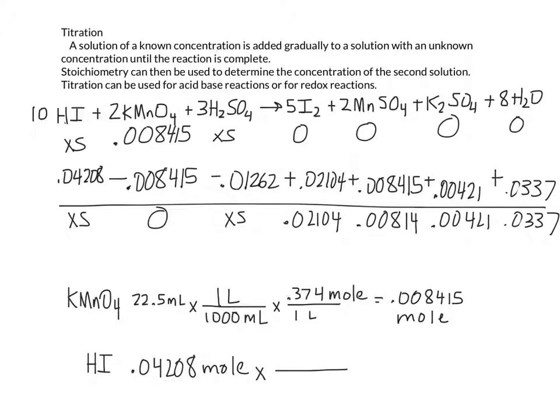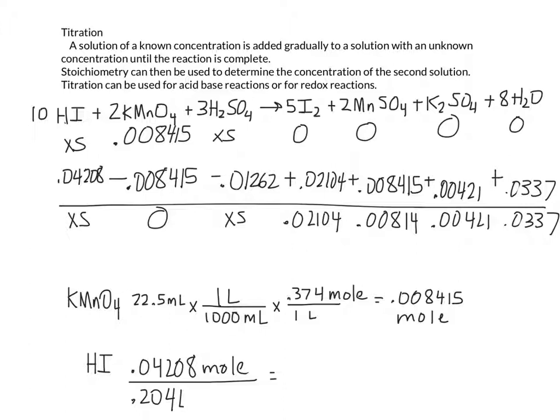We want to know its concentration in molarity, which is moles over liters. You would know that you'd be able to measure, we calculated these moles, you'd be able to measure the volume that was used in the titration from the lab, and we were told in this problem that the volume was 0.204 liters.